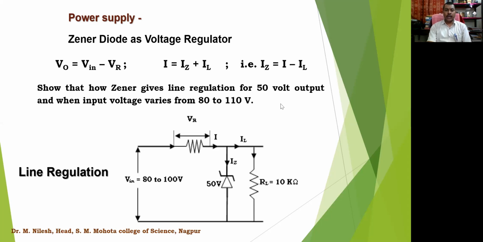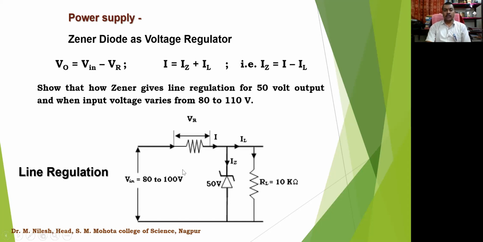We took an unregulated input voltage which varies from 80 to 100 or 110 volts, and a series resistance. We connected the Zener diode of 50 volts in reverse bias and the load resistance RL across the Zener diode, and we expected that the output voltage should remain constant at 50 volts.